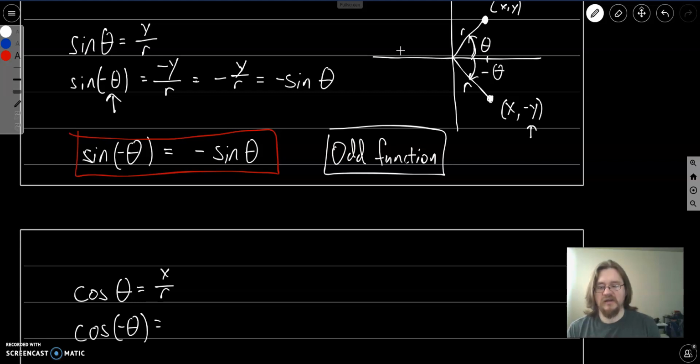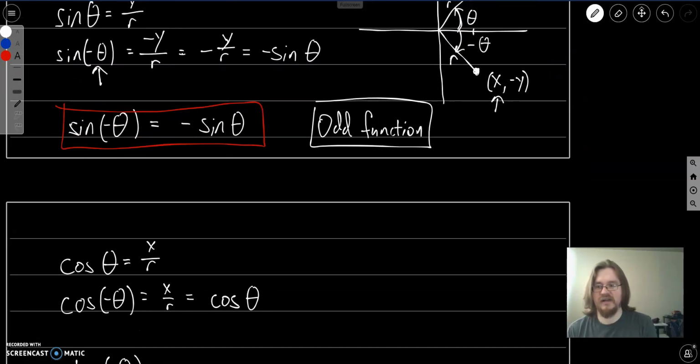And if I look at the cosine of negative theta, the x coordinate stays the same. It hasn't flipped. It's not further to the left or right. It's at the exact same point along the x-axis. So it's still going to be x, and the r value also hasn't changed. So the cosine of negative theta is the same thing as the cosine of theta.